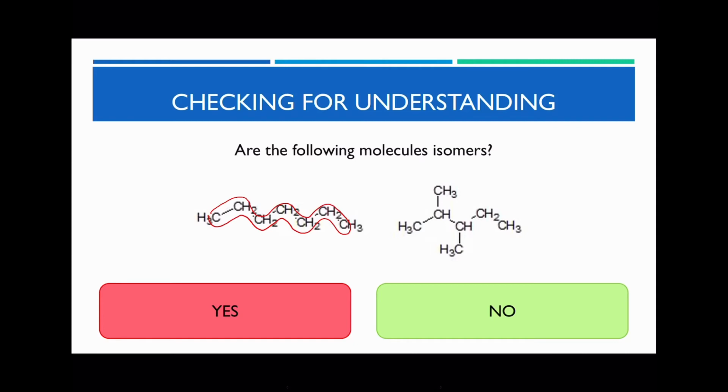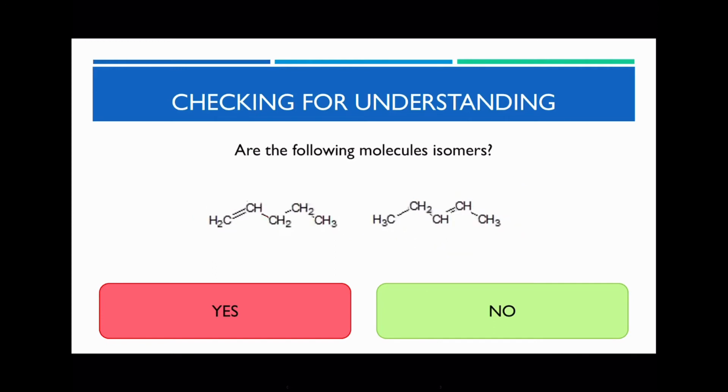Whereas for this one, if I draw the main chain containing all the longest carbon atoms, this is what it would look like. As you can see, this only has 5 carbons in its main chain, whereas this has 7 carbons in its main chain. The composition is still the same; it's just different structures. As a result, they're considered to be isomers.